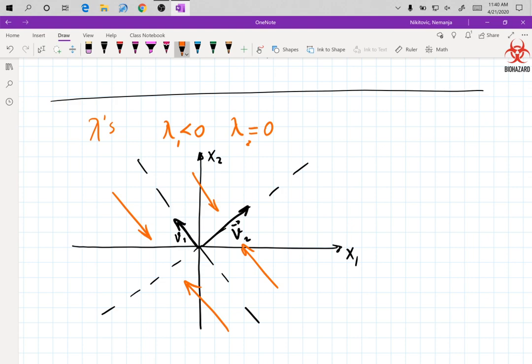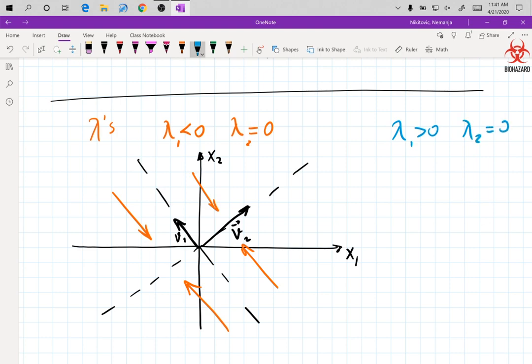And the positive one is going to go outside. Can I save? Yeah, I can save a picture. I'll just do blue and say lambda 2 is still 0. So lambda 1 larger than 0, lambda 2 equal to 0.